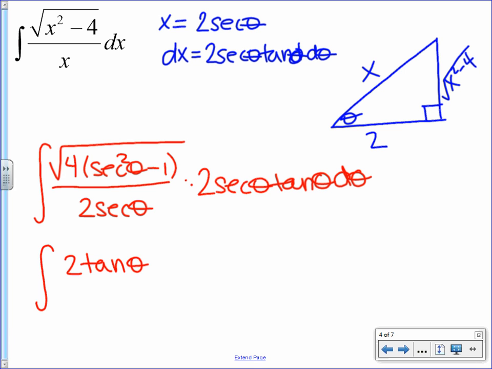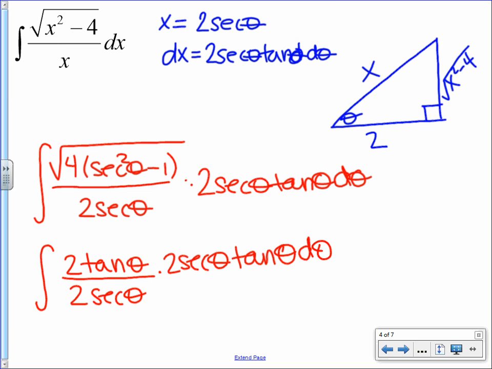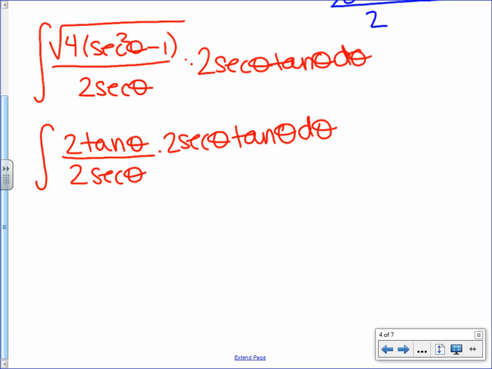Can you just cancel the 2 secant theta in the denominator with the 2 secant theta in the numerator? Yes. Okay, so yes, these two cancel, and we are really just left with 2 tangent squared theta d theta.